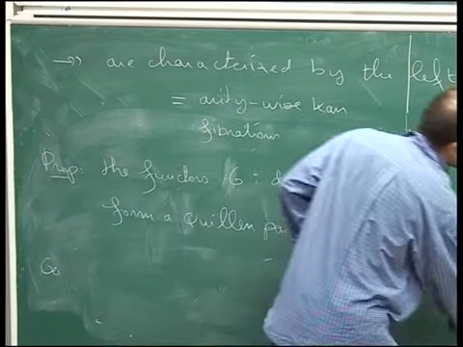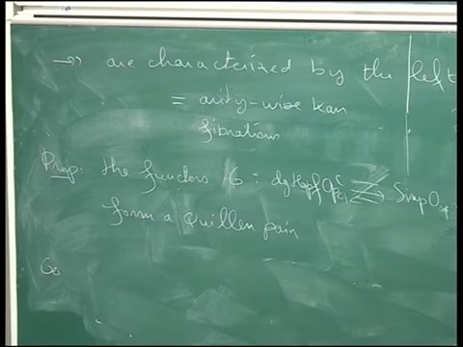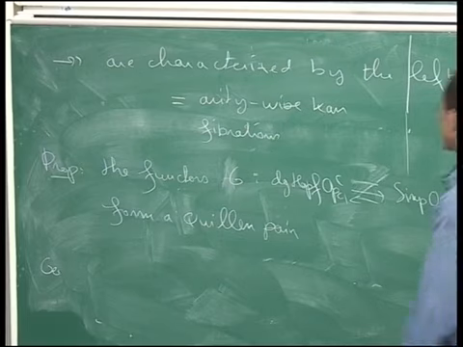So they have induced adjoint functors at the level of homotopy categories.